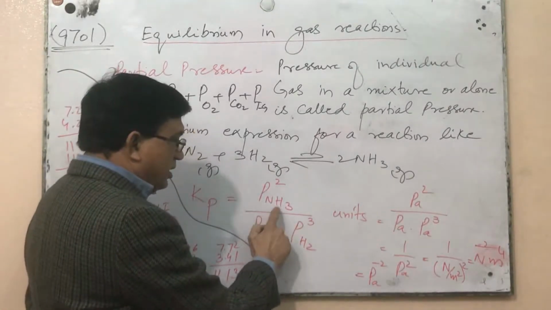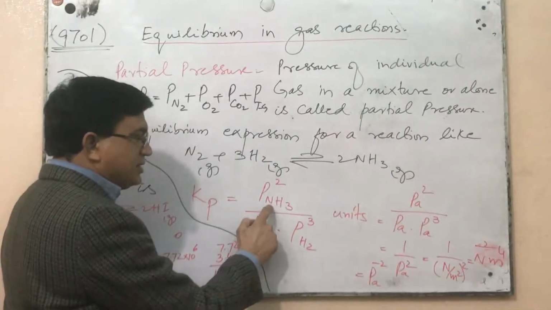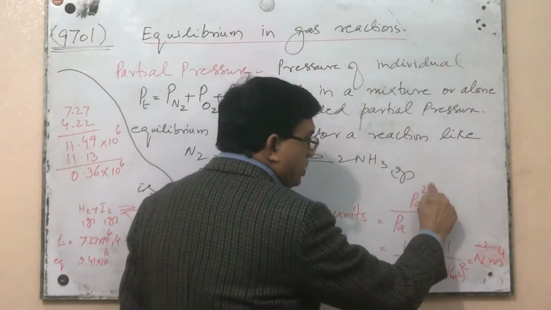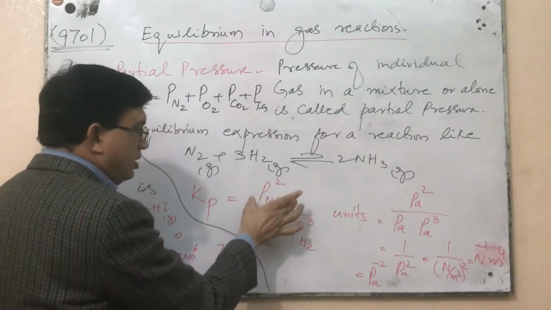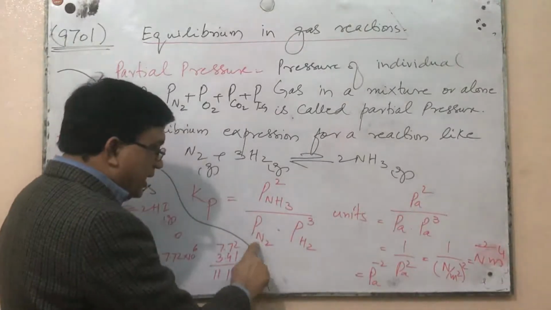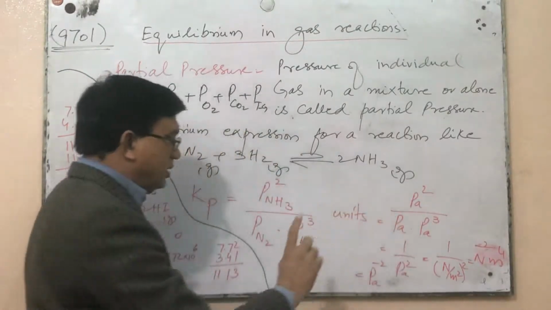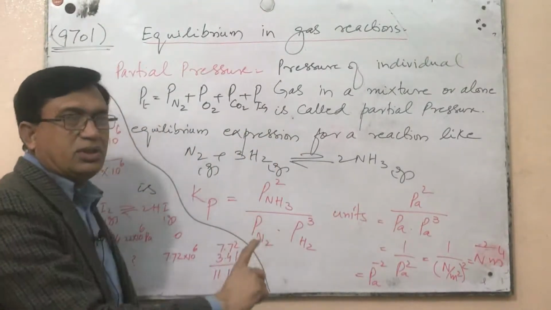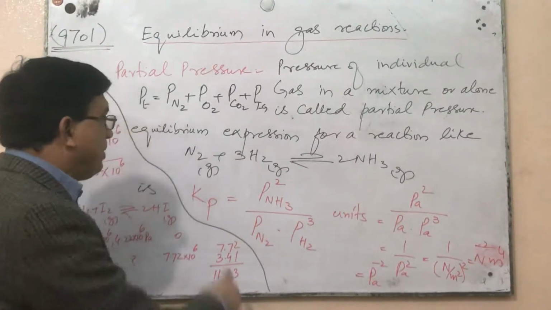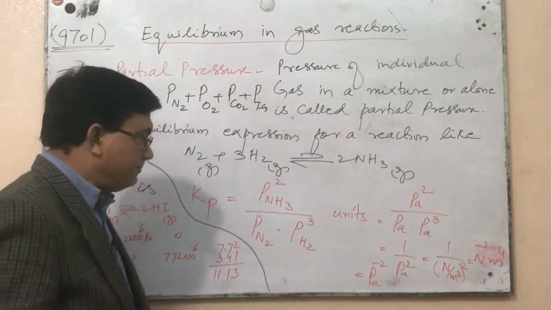As the pressure exerted by ammonia gas is raised to power 2, Pascal squared will be the pressure unit for ammonia. For nitrogen, we use only Pascal raised to power 1, because the power for the partial pressure of nitrogen is 1, depending upon the number of moles in the equation.